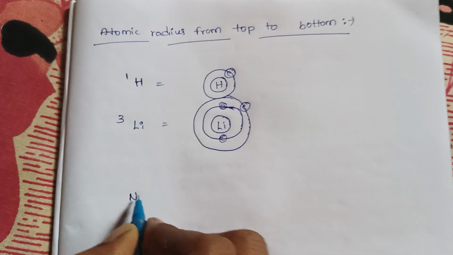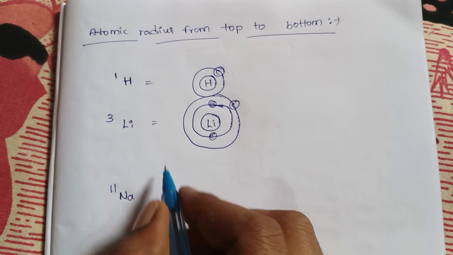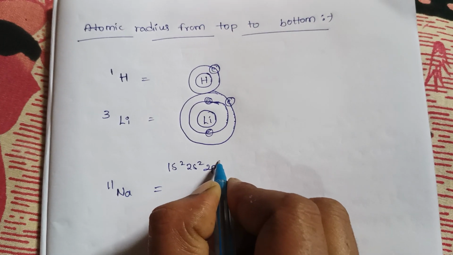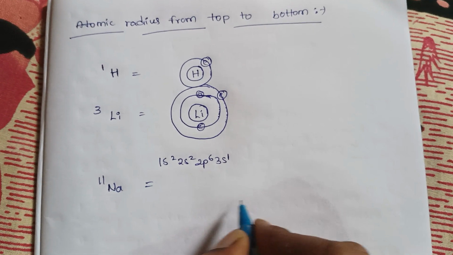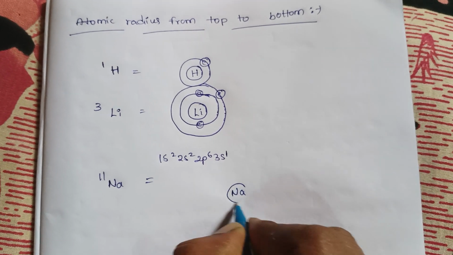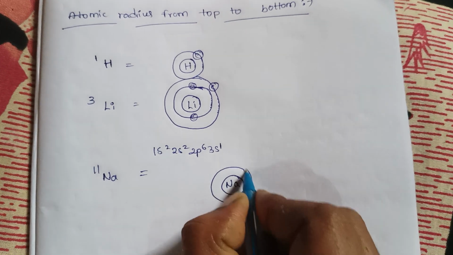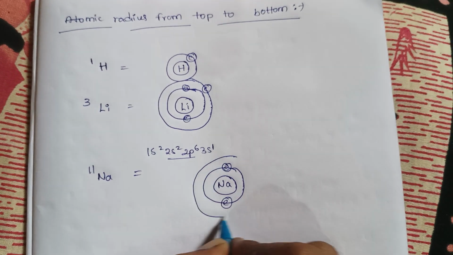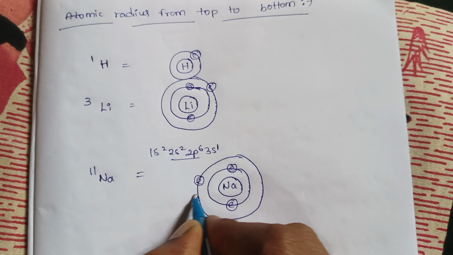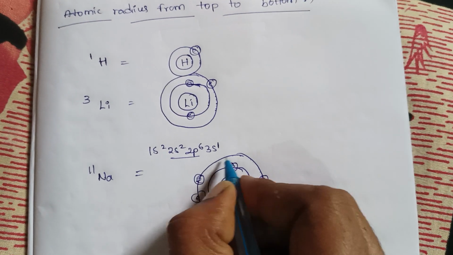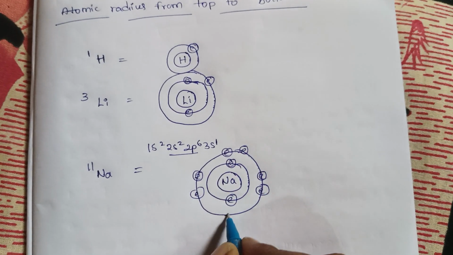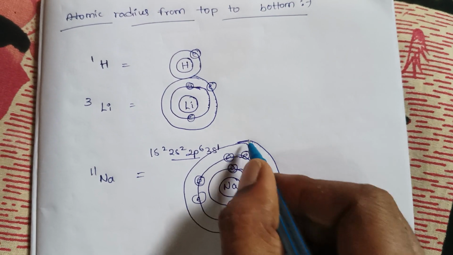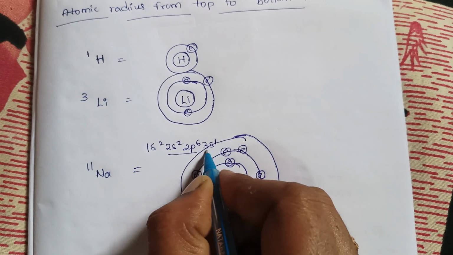If you take sodium, atomic number is 11: 1s2, 2s2, 2p6, 3s1. First shell has how many electrons? 2 electrons. In second shell, 8 electrons. In valence shell, how many electrons are present? 1 electron.